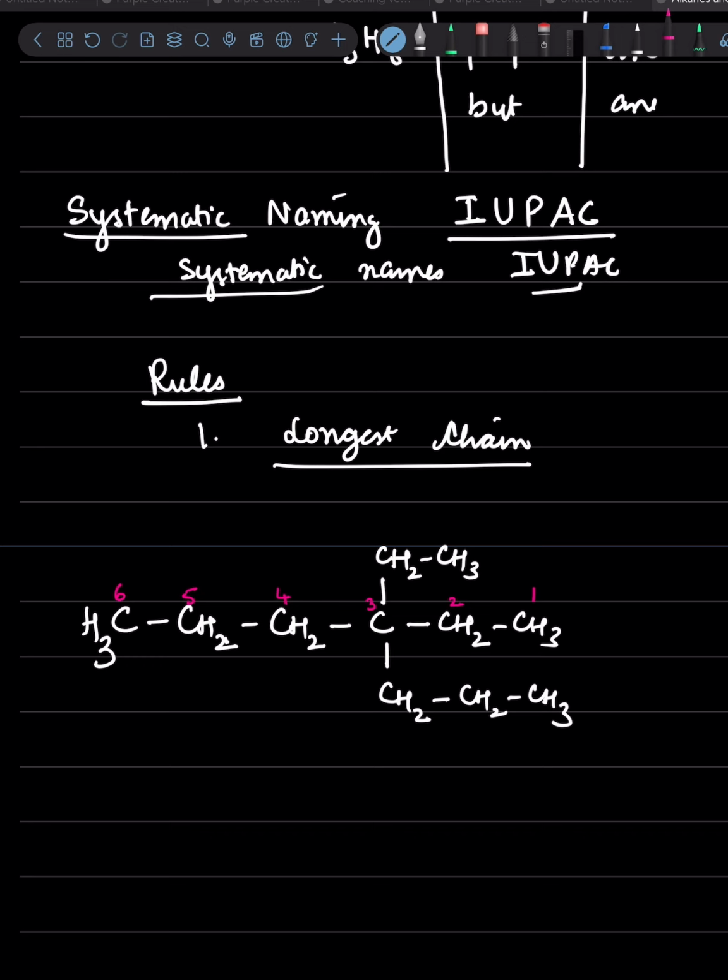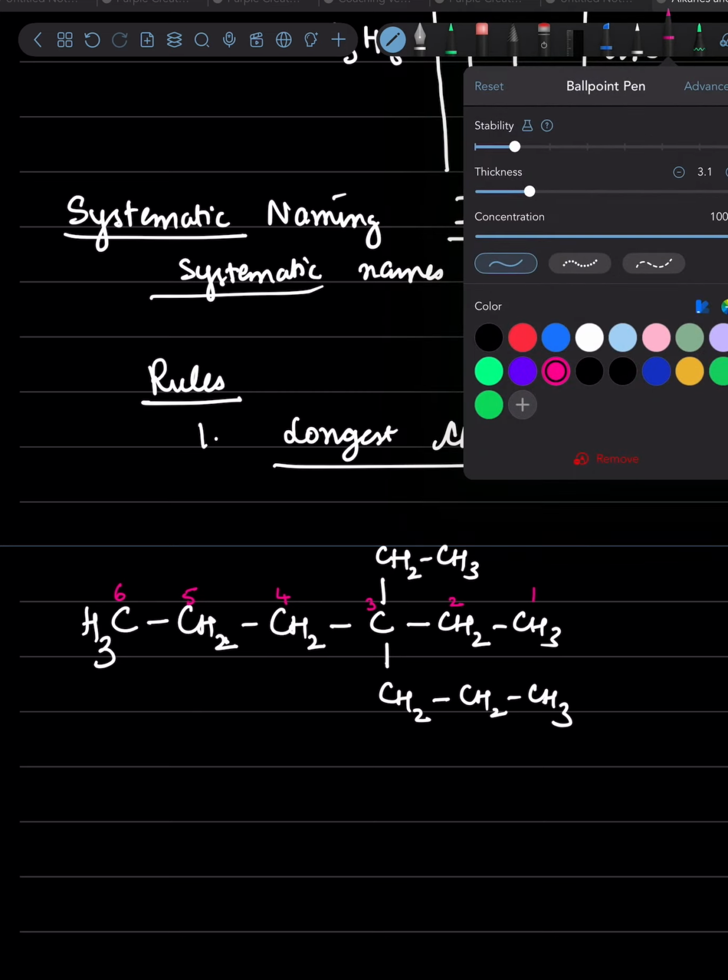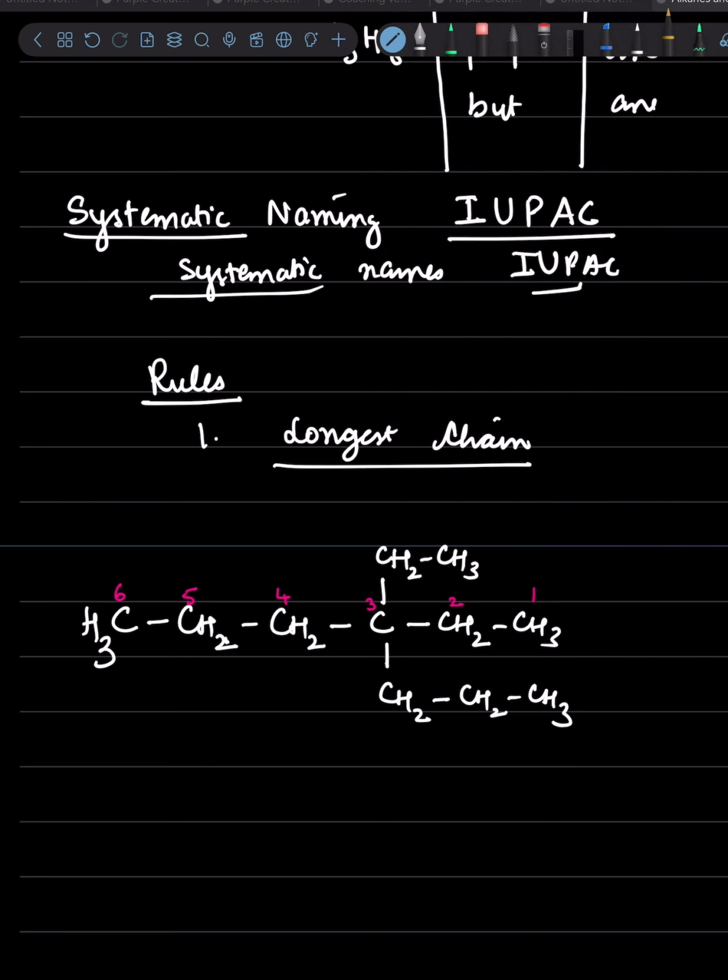Now let's go for some other numbering, using some other color. 1, 2, 3, 4, 5, 6. You can go from here 1, 2, 3, 4, 5, but that is 5 carbons only. If we go in one direction we get 6 carbons, in the other direction we get 5 carbons.